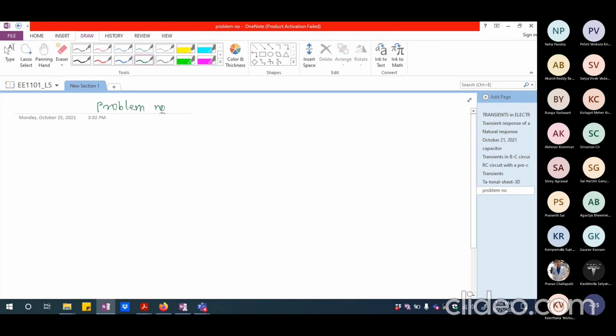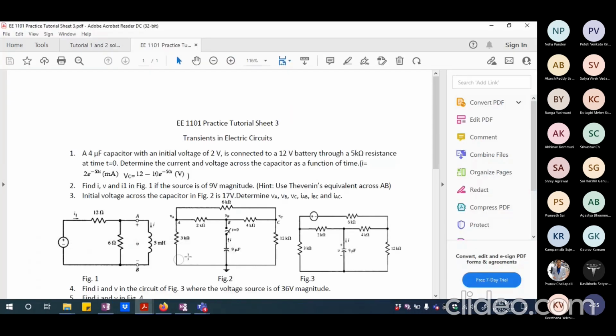Okay, so let us try to look at problem number 2. So let me try to take out problem number 2. Problem number 2 says find i(t), I1, in figure 1 if the source is of 9 volts magnitude. So this is 12 ohm, 6 ohm and 5 millihenry. Okay, so let me try to redraw the circuit here.